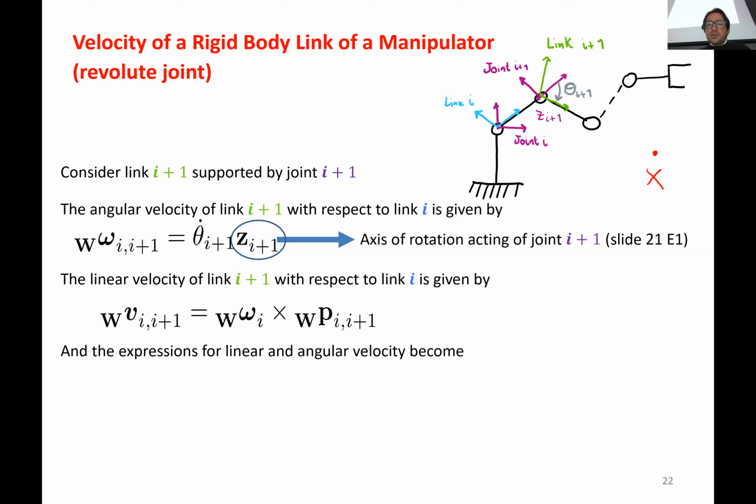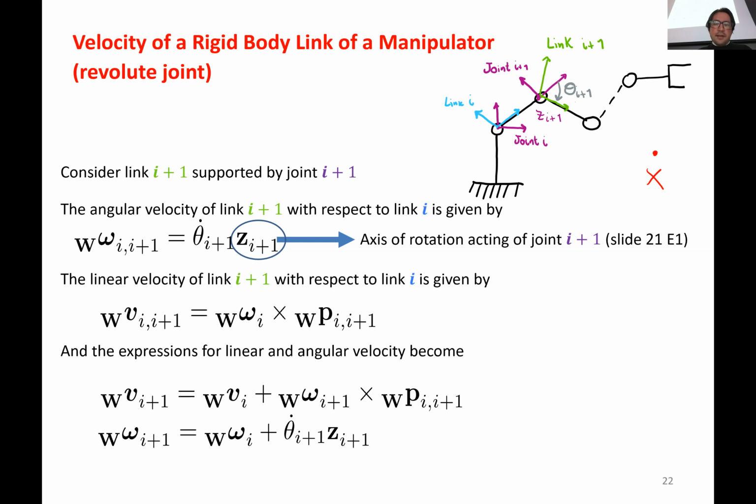So both of the expressions that we showed 2 slides ago become, if we use this expression for I to I plus 1, the linear velocity of link I plus 1 becomes the velocity of the predecessor link plus the cross product between the angular velocity of the link I plus 1, of course we still don't know this, and the position vector from link I to link I plus 1.